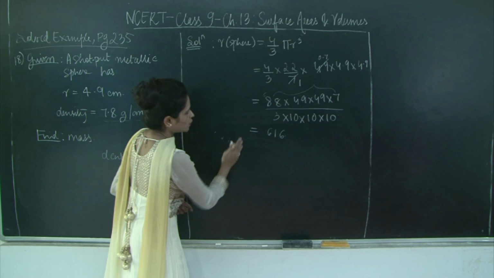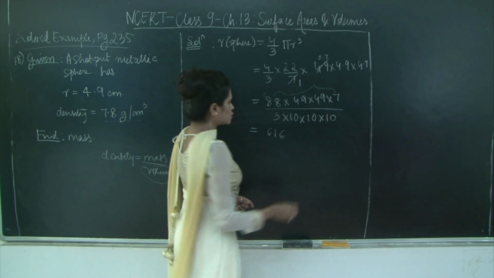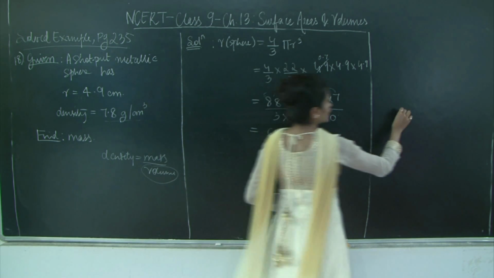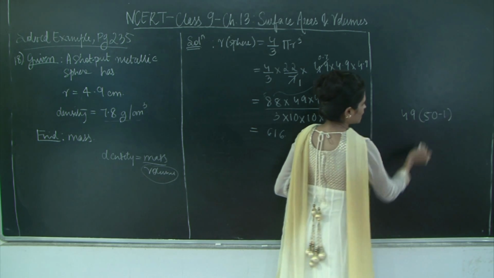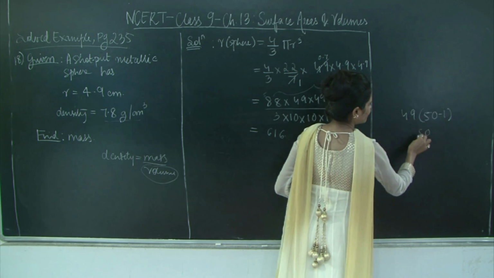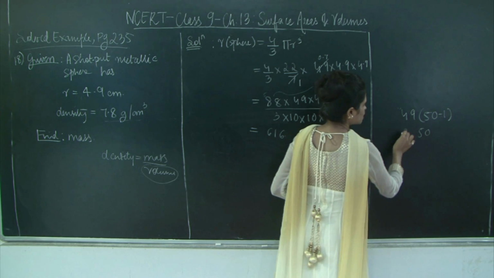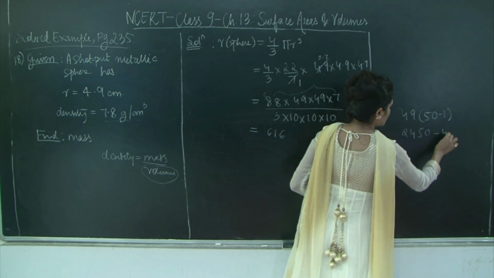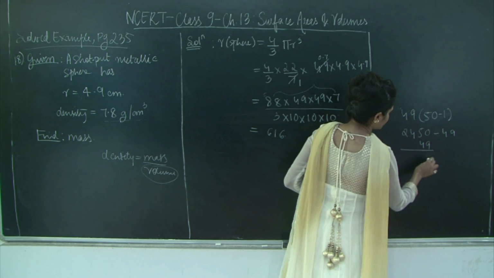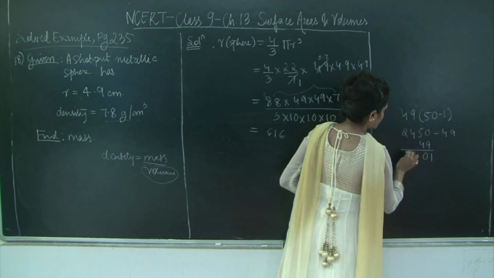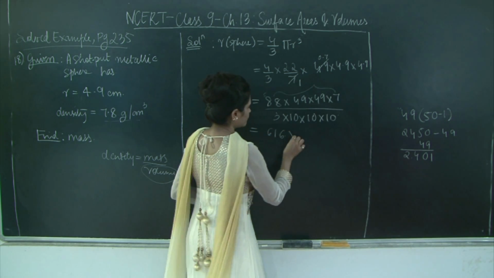Okay, so you have 616 and you're left with 49 into 49. So let's calculate 49 into 49 as 49 into 50 minus 1. 5 9s are 45, 5 4s are 20, plus 4 is 24, minus 49, so 2401.